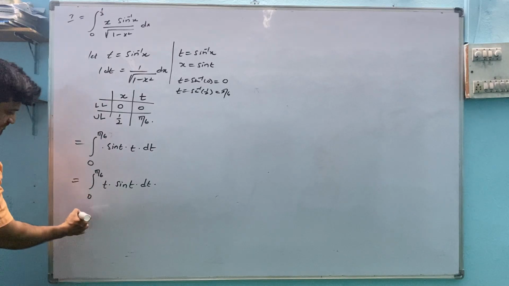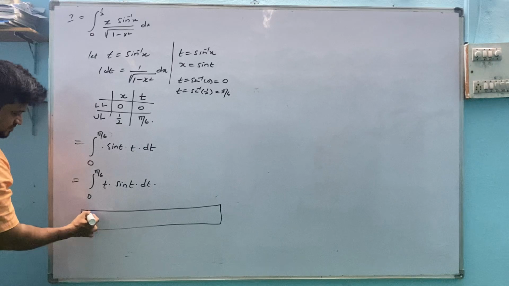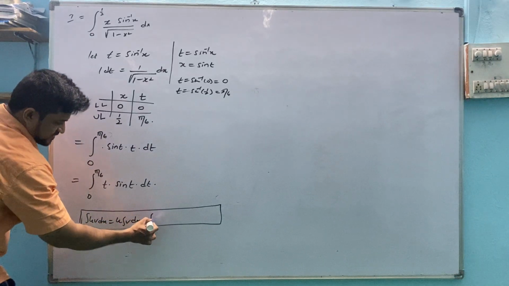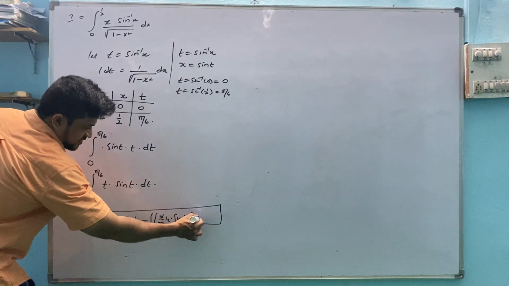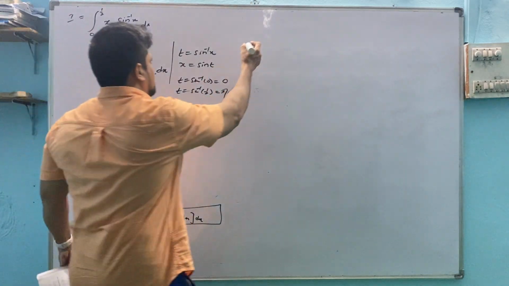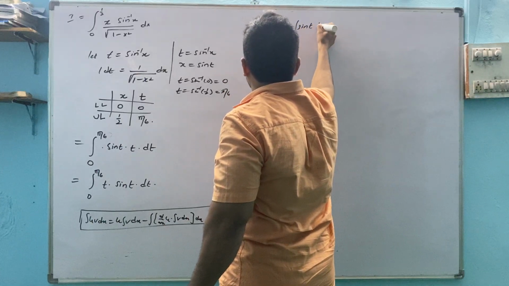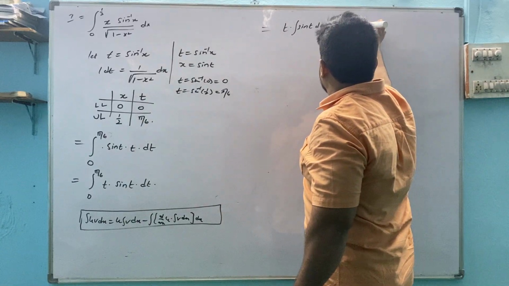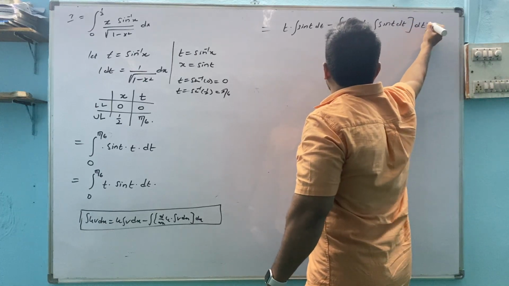Now the UV form: integral uv dx equals u integral v dx minus integral of d by dx of u into integral v dx, dx.